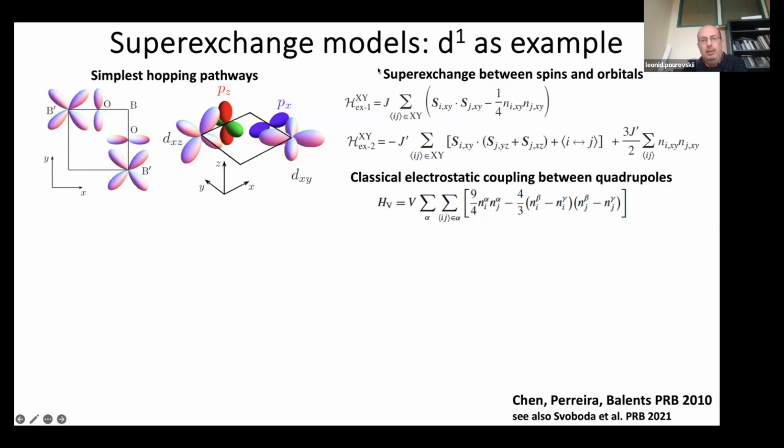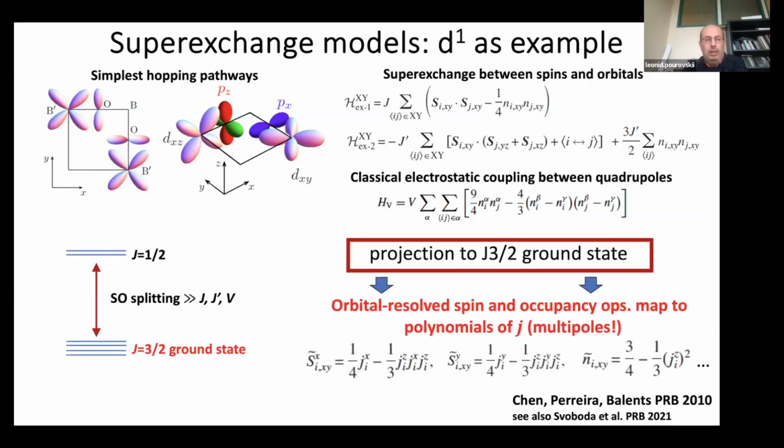Anyhow, once this kind of Hamiltonian is written in spin orbital space, one needs to take into account the fact that spin orbit is much larger than these superexchange energy scales. And hence one can project everything into the space of this J equal 3/2 ground state.